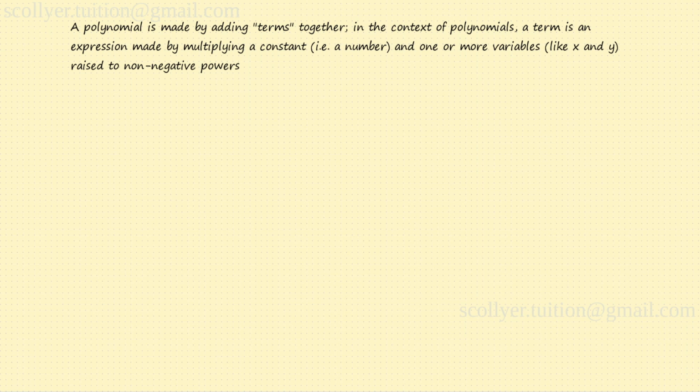To make a polynomial, we add together a finite number of terms. A term is made by multiplying a constant, which just means a number, and one or more variables raised to non-negative powers. Here we see some terms that may legally appear in a polynomial.